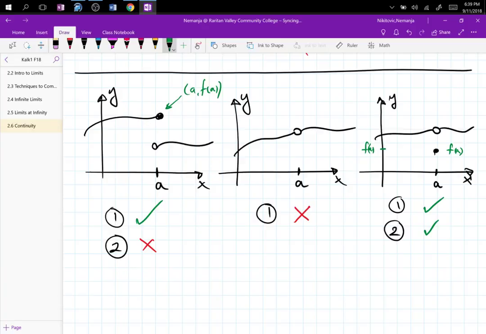Pass, because this is your L. Limit from the left, limit from the right, both point to the same y elevation, and the limit exists. The issue is that 1 and 2 are not the same number. Do we all see that? This is where 1 is, and this is where 2 is.